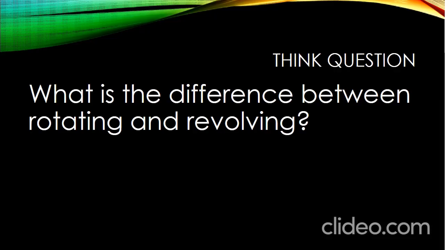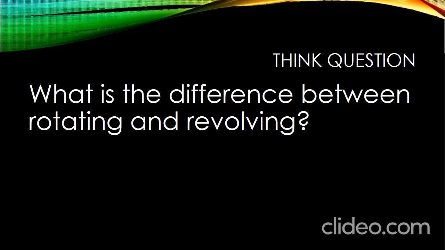Now a probing question. In English, what's the difference between rotating and revolving? Two different words with two different meanings. As a teacher, if I stand in the front of the classroom and I keep turning around at the same spot, am I rotating or am I revolving?